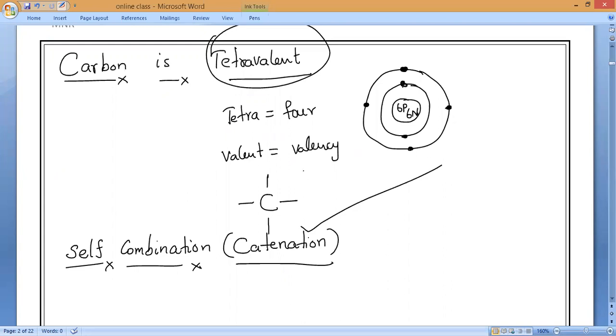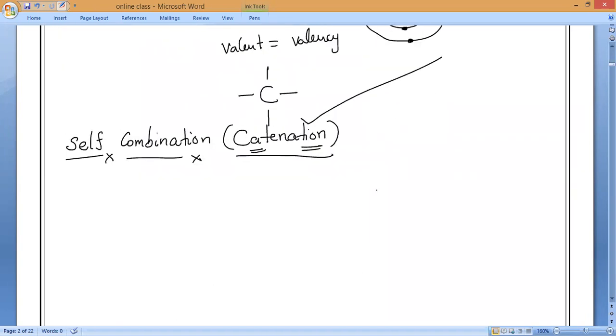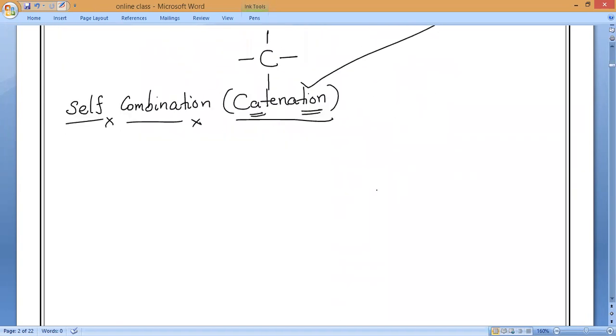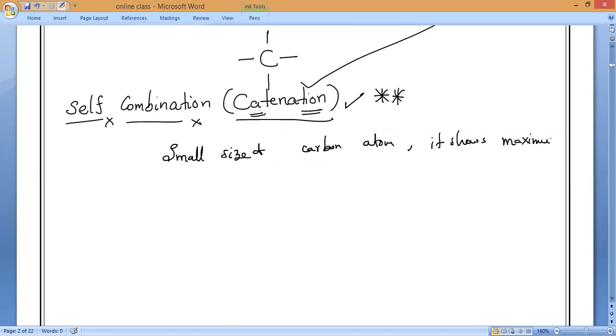Coming to the second property, what is the second property name called, everybody? Catenation. Understanding? So what do we mean by catenation? Observe carefully, everybody. Due to the smaller size of the carbon atom, this is very, very important among catenation properties. The atom shows maximum catenation property.